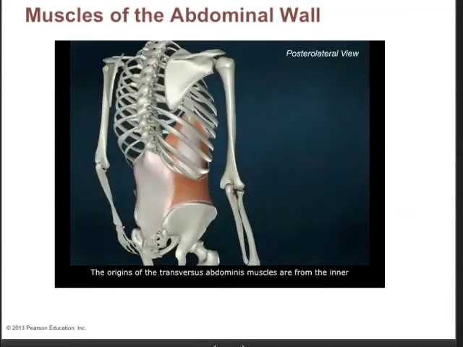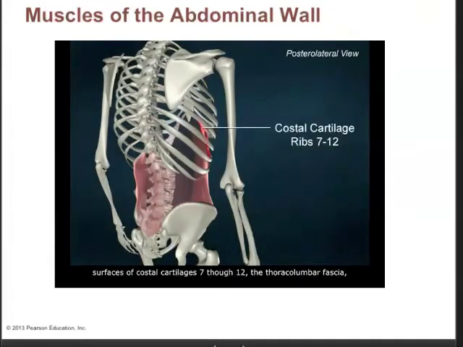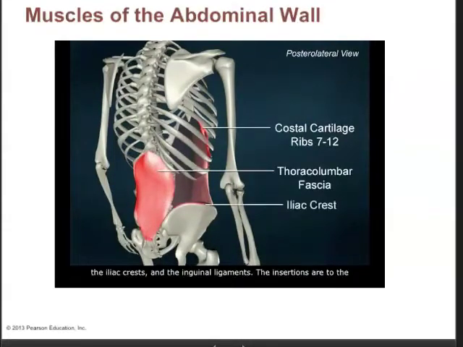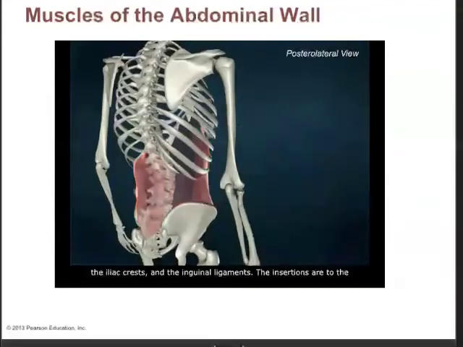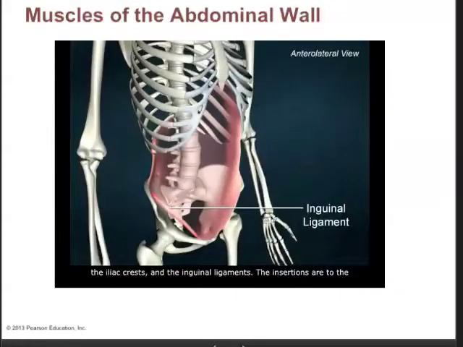The origins of the transversus abdominis muscles are from the inner surfaces of costal cartilages 7 through 12, the thoracolumbar fascia, the iliac crests, and the inguinal ligaments.